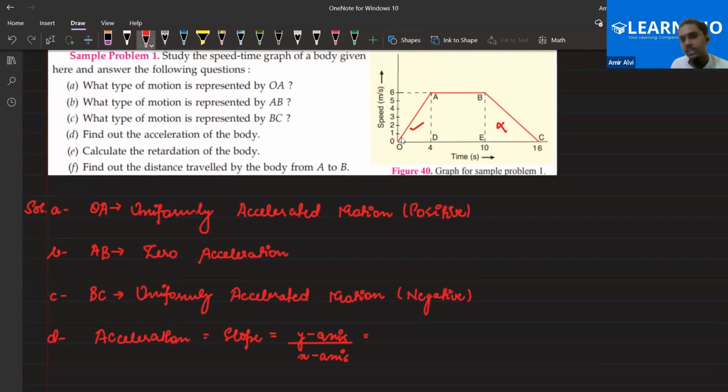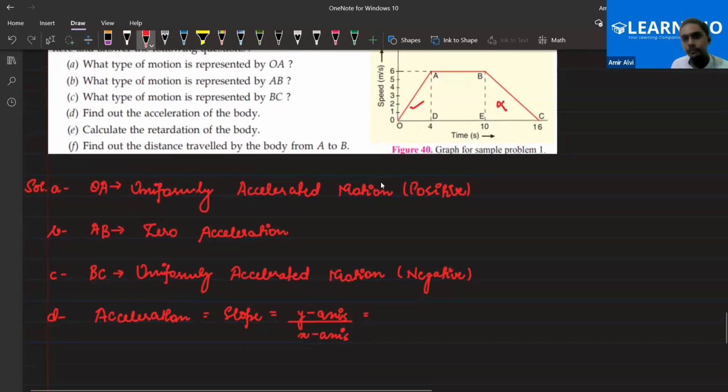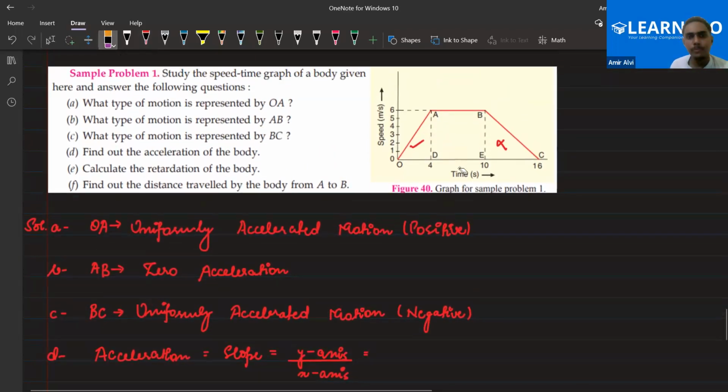Sorry, slope is this, right? I will write it directly, because specifically nothing is mentioned here. So, this is the last point of this graph. Yes or no, everyone? 6 meter per second.